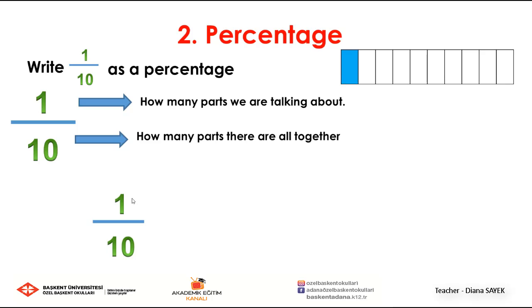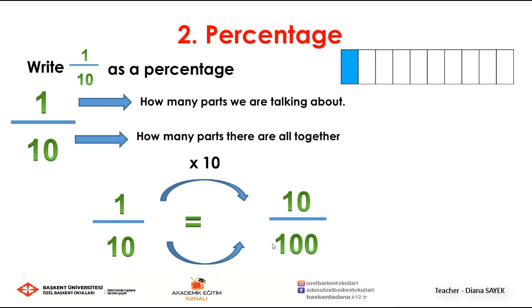We're going to multiply the top and the bottom by 10, and that gives us 100 at the bottom. So again, now we see that we have 100 parts all together, and 10 are the parts we are talking about, which makes it 10%. So if we write 1/10 as a percentage, it gives us 10%.